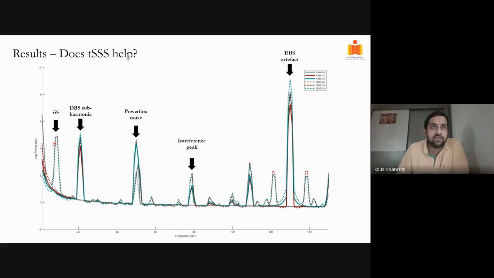These two are very important because this DBS subharmonic, which is around 20 hertz, lies squarely in the middle of a very important frequency component in neuroscience, especially in Parkinson's disease, which is beta band. And this unknown TSSS peak seems to be lying in the alpha band. These two are bands which are typically studied across neuroscience and especially in PD as well.